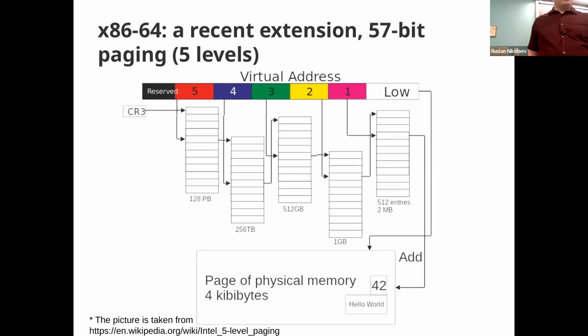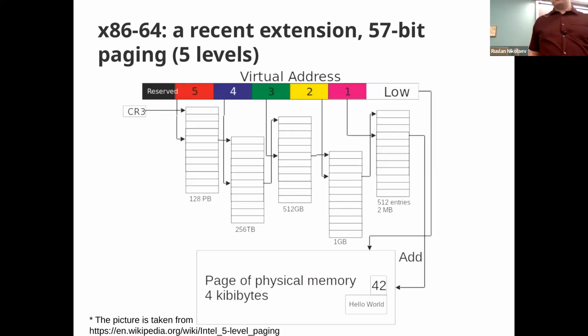Are the numbers at the bottom the total virtual address space? Or are they like how much, like the 128 petabytes or the 256 terabytes? Yeah, so that's how much memory you can address at each level. If you have 512 entries at the lowest level, you can address 2 megabytes. So this is 1, 2, 3, 4, 5.